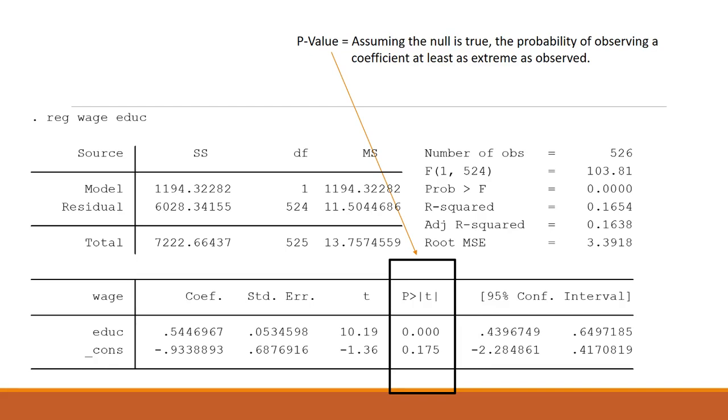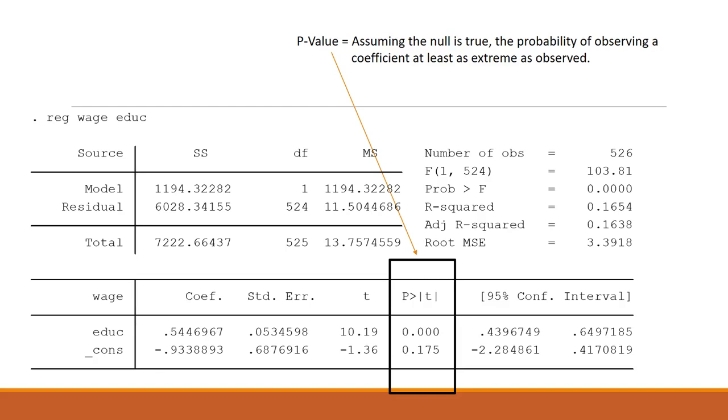That means we have evidence to suggest that beta 1 is not equal to 0, but in fact is some number larger. We have reason to believe that this coefficient, 0.544, is not actually equal to 0.